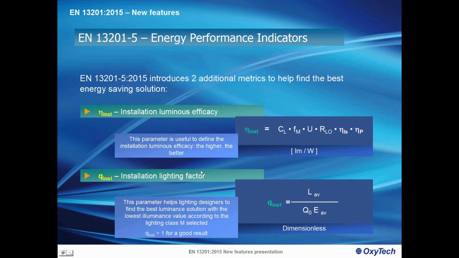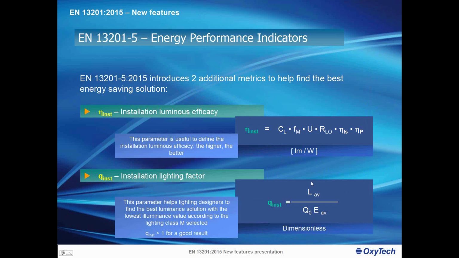Last point related to the energy performance indicators and parameters. These two parameters were introduced in order to help the designer to find the best solution possible for the installation under consideration, and especially the Q-inst, the installation lighting factor.